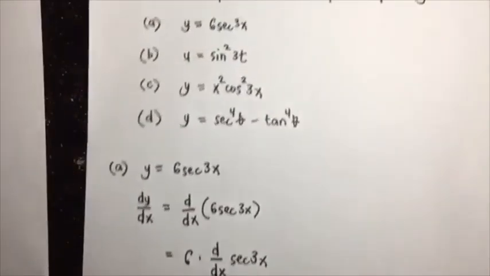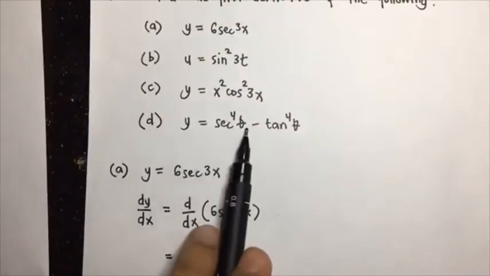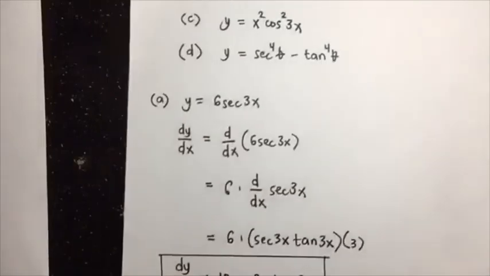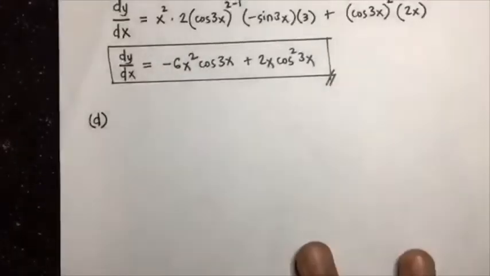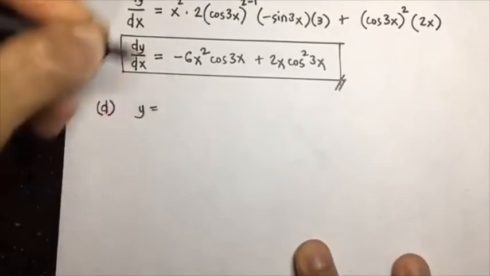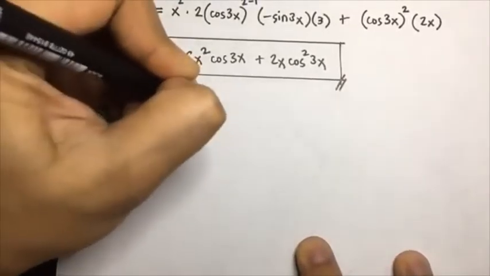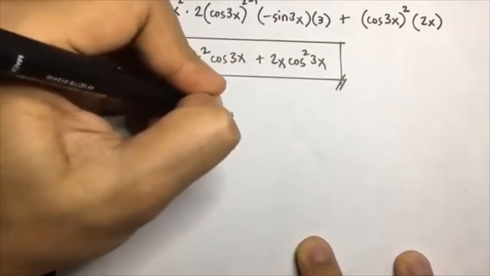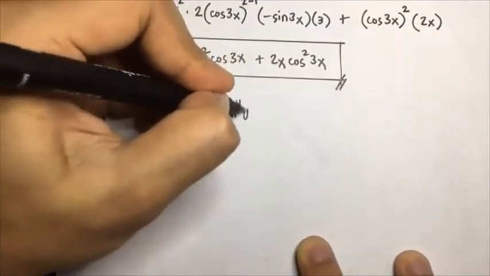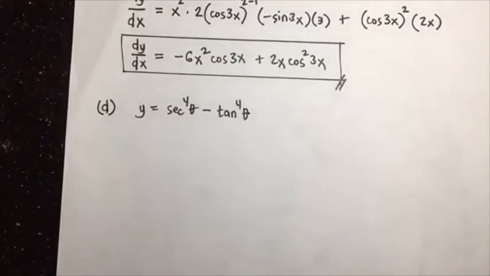Okay, so the last problem is we have this one. y is equal to secant to the fourth theta minus tangent to the fourth of theta. Before you start deriving a function, you must also see if it can be simplified first.